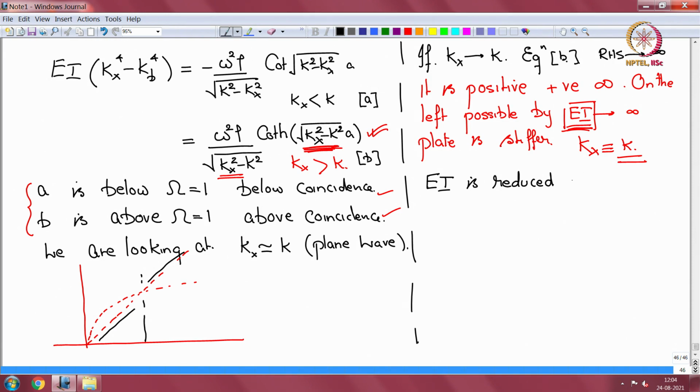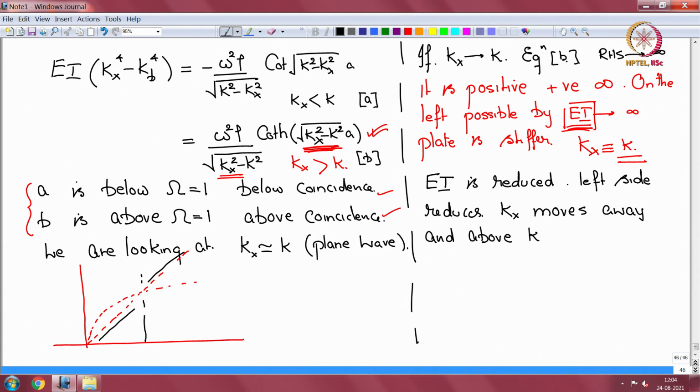The left side reduces, and the coupled wave number kx moves away, above k.